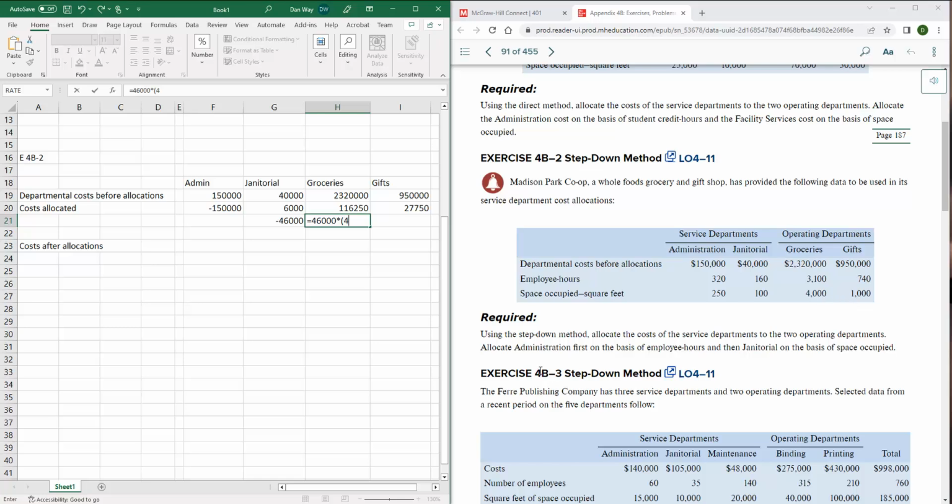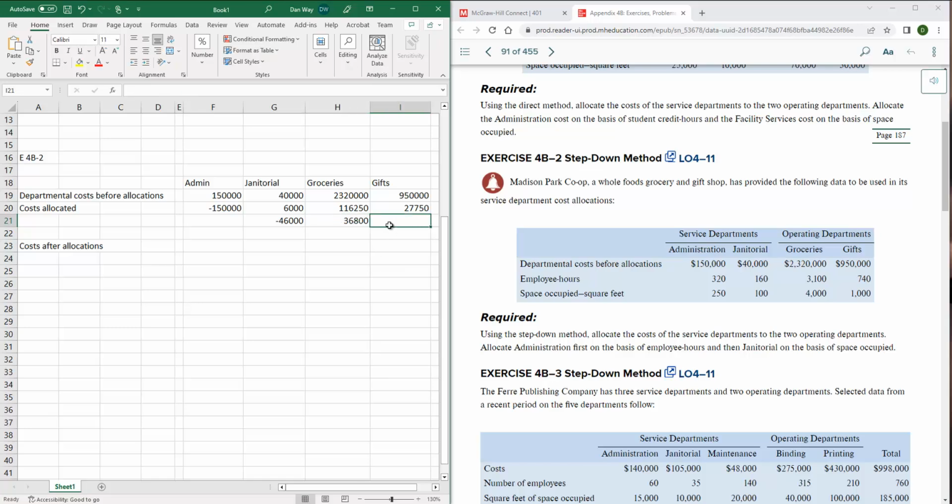So this would be the 4,000 square feet occupied by groceries divided by the total square footage across groceries and gifts only. So 4,000 plus 1,000. Again, we're not allocating backwards, so I don't need to think about the square footage used by admin. And since we're allocating janitorial costs, we don't need to worry about the square footage occupied by janitorial itself. So there's my total of 36,800.